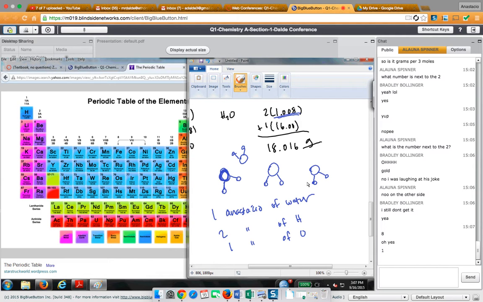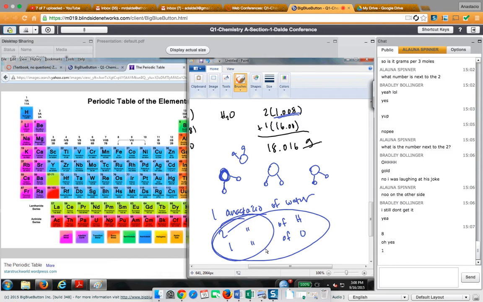So even though I'm dealing with 3 Anastasios of this stuff, 3 moles, 2 of hydrogen and 1 of oxygen, that only creates 1 mole or 1 Anastasio of water, because a water consists of 1 oxygen and 2 hydrogens. It would be a compound. Does this make sense to you?